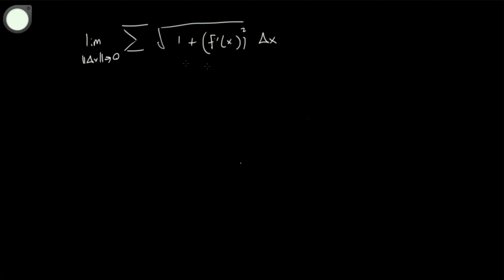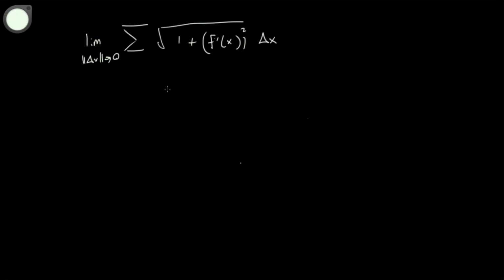So we have the sum of the square root of 1 plus the derivative, quantity squared, delta x, and we're going to be making delta x infinitely small. We're going to take the limit as the magnitude of delta x goes to 0.